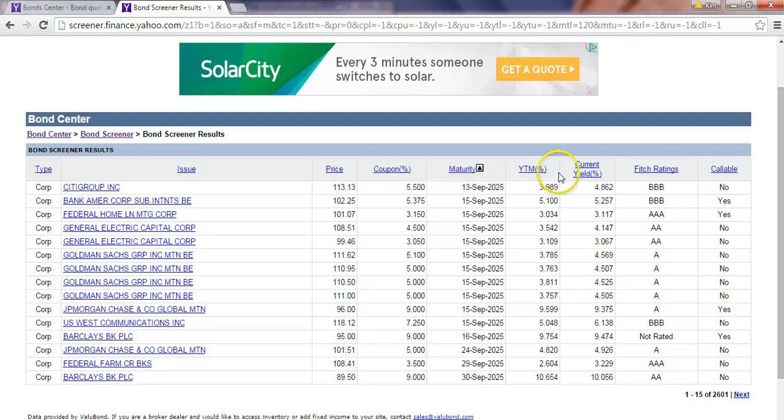And now I want to go back to the bond screener. First of all, let's take a look at these coupon rates on Bs. We'll notice that the B-rated bonds have a typically higher rate than A's, except for this one right here, JP Morgan Chase. And maybe this was rated poorly when it first came out and it's now better.